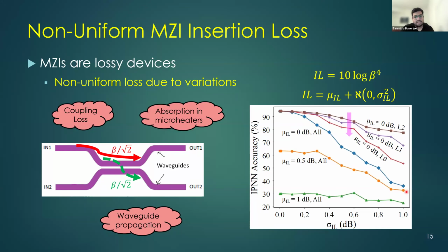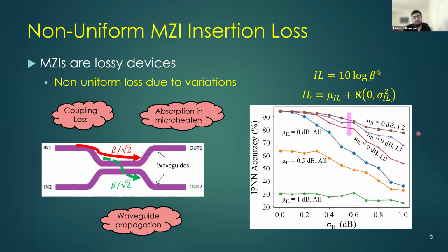Another interesting effect: remember that we talked about having two hidden layers and three multipliers. Input to hidden layer 1 is one multiplier, hidden layer 1 to hidden layer 2 is the second multiplier, and hidden layer 2 to the output layer is the third multiplier. Here we wanted to see how losses in each of these individual multiplier layers affect our inferencing accuracy. We see that L0 is the first layer, and a loss in the first layer has a much higher impact than a loss in the last layer.